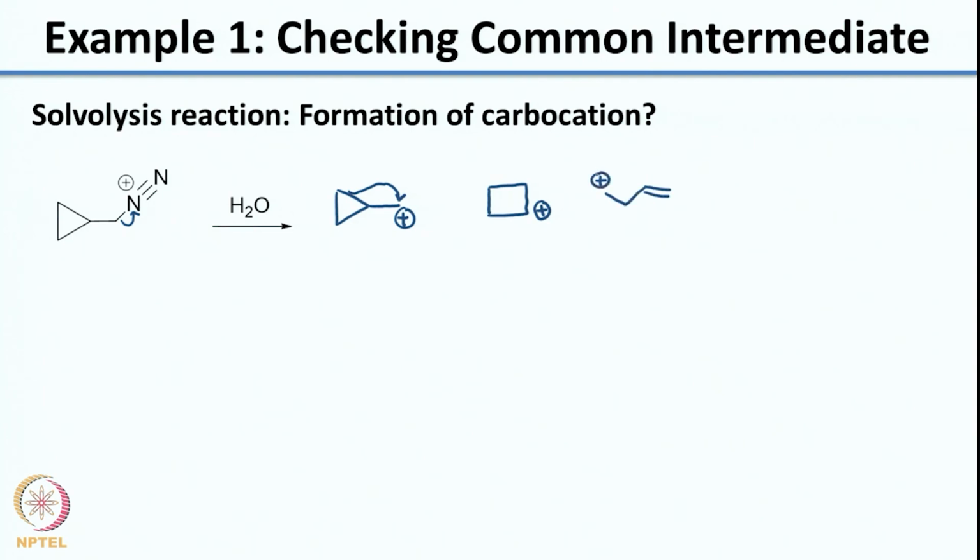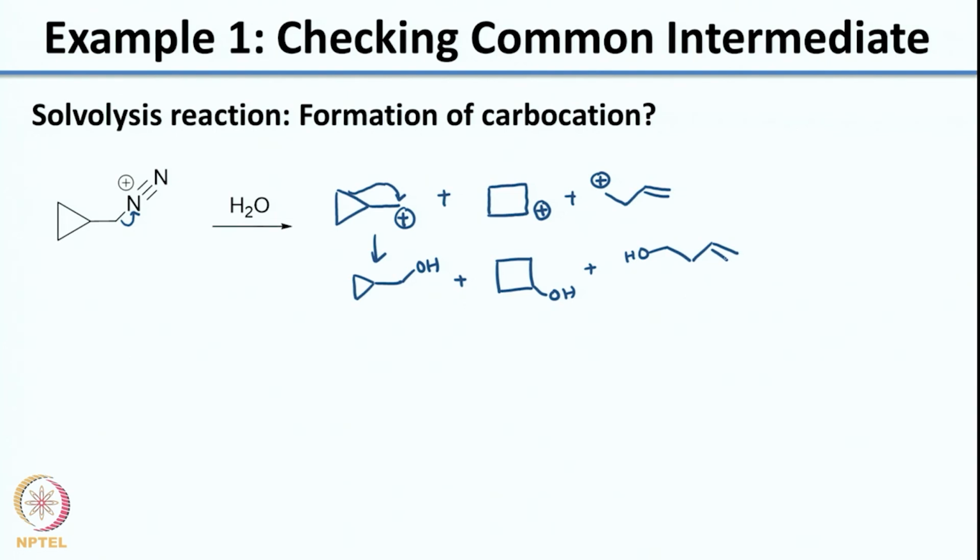So this would open up, possibly all of these leading to product. So you can probably form this product, and this product. If it goes via the carbocation, one would see all of these products.